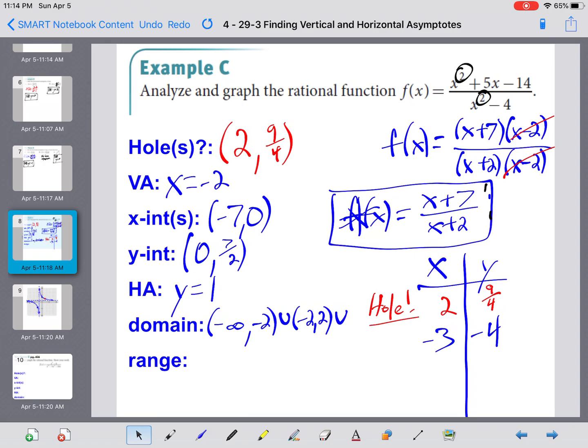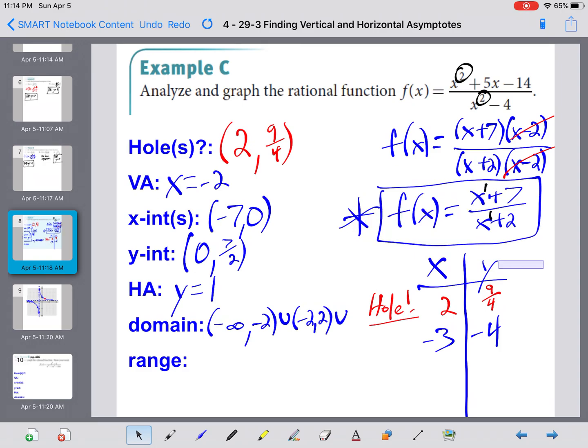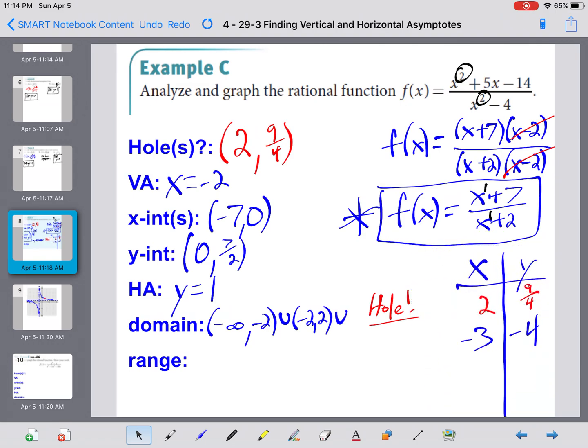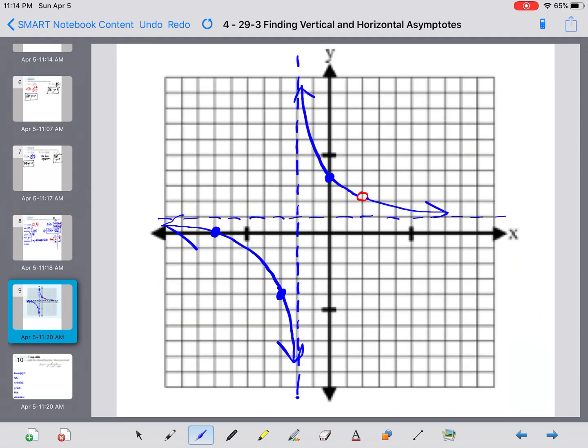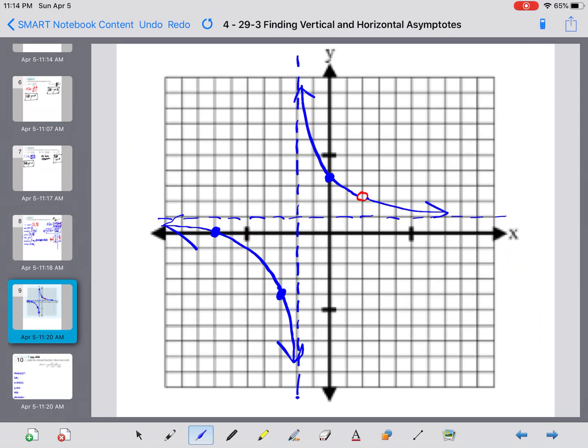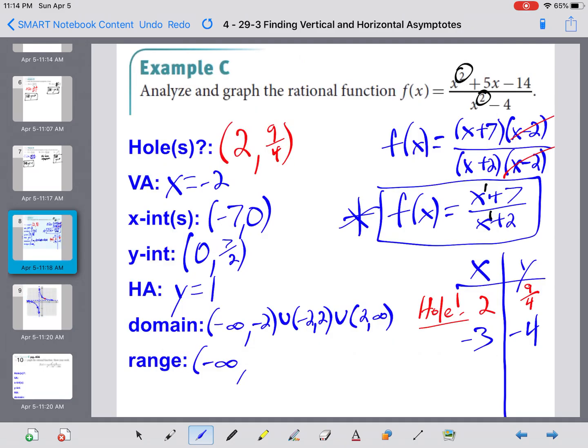So to infinity. Oops. Let me move my table over a little bit here, because it's in the way. All right. And then the last piece is to infinity. So that's my domain. Now range, same thing, going bottom to top. This goes down forever, so -infinity. It's rising up all the way to the horizontal asymptote at 1.